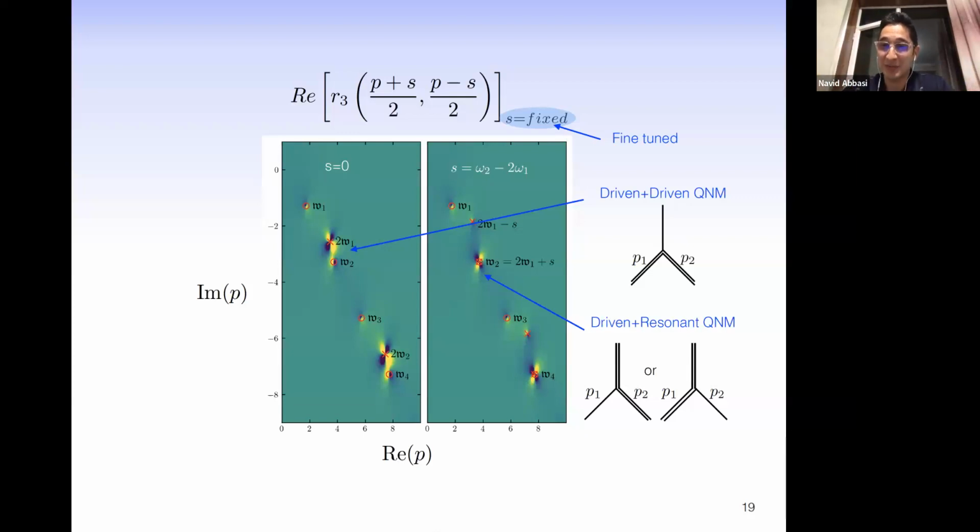When you say that two of these legs are driven quasi-normal modes, and one of them is resonant, it's a little strange to me, because finally these two legs should connect to some external R fields in order to complete a diagram. At present, this diagram is not physical. It doesn't happen in any scattering process. Do you agree?